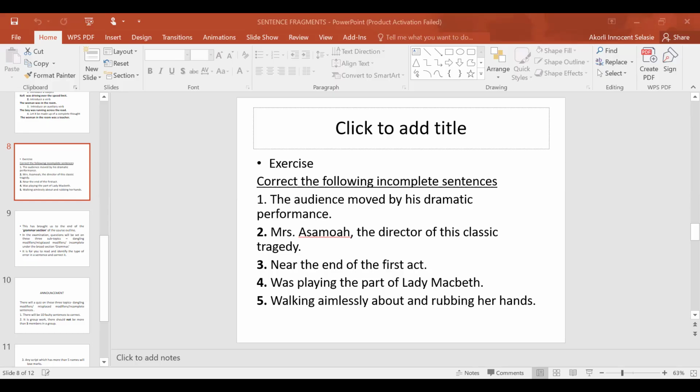So let's talk about this. Under what circumstances will you have to write a speech? When you are invited to a program.